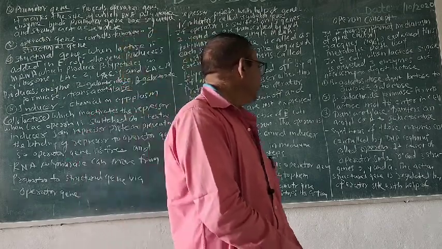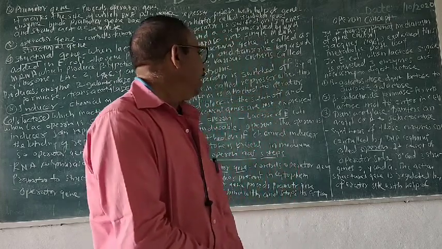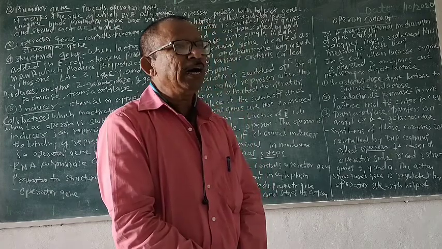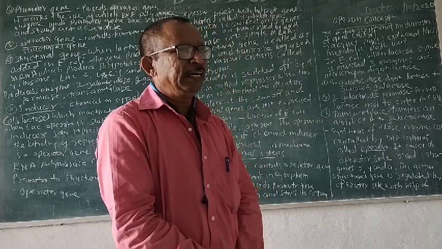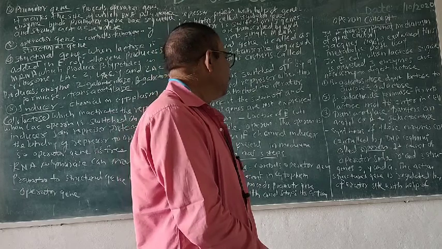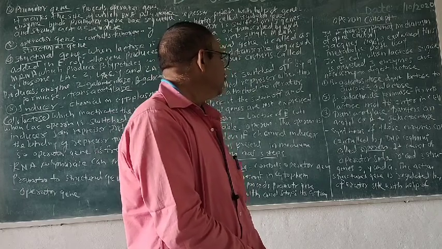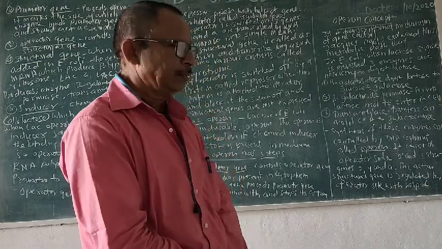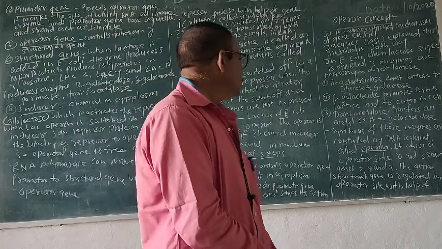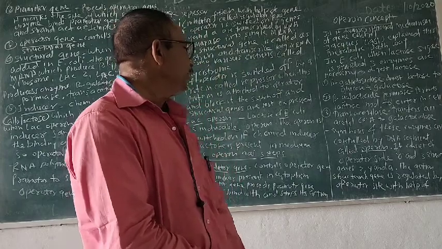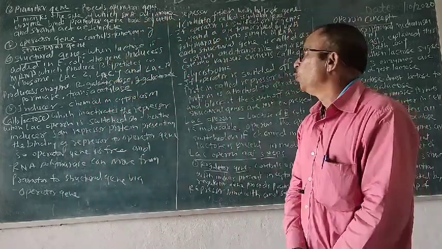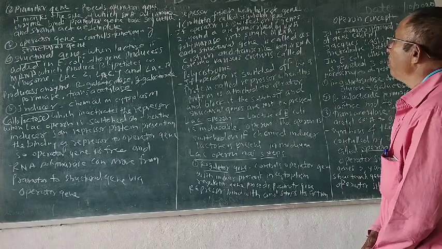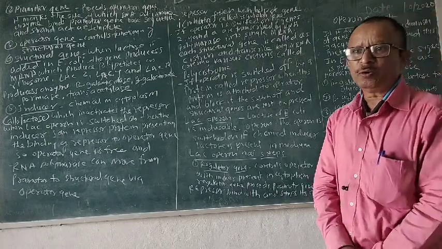So we know that here there is the operator site O and three different structural genes, that is Z, Y, A. The action of the structural genes is regulated by the operator site with the help of repressor protein, with the help of gene I. What is I?